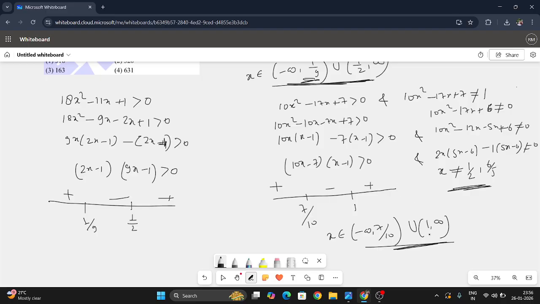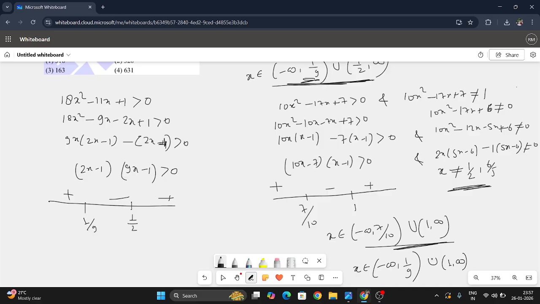You have to choose 1 to infinity. Basically, take the intersection of these two and you will get the common part, that is x belongs to minus infinity to 1 by 9 union 1 to infinity.